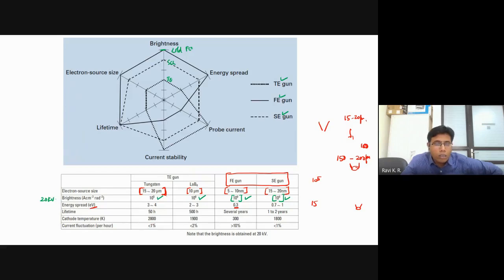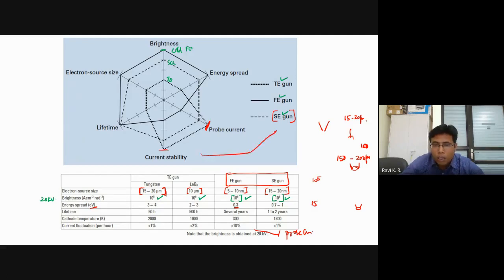And the probe current is another thing that we discussed in the last slide. You can vary the probe current significantly. You can see here that especially in the Schottky FEG, you can get a very high probe current, because it has a combination of heating as well as the field emission current. So current stability is also lower. This actually comes from the stability region that we are talking about.